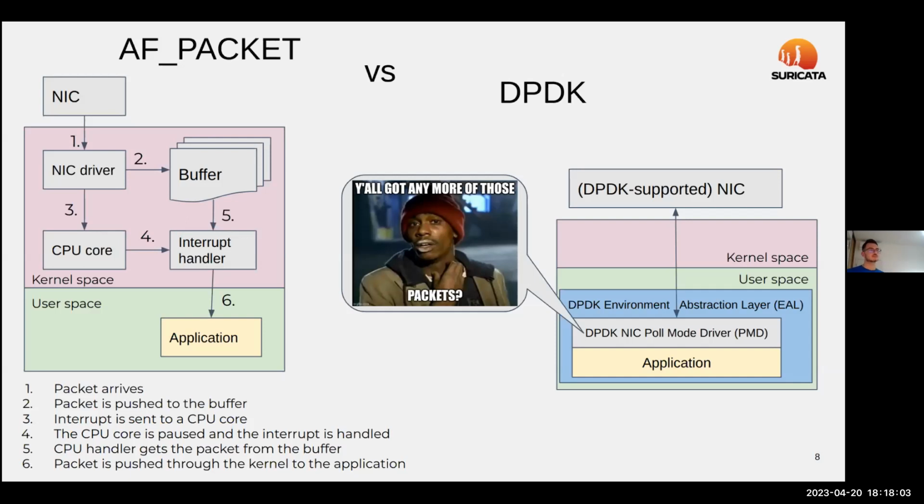But if we had drivers programmed for different hardware, then our application would probably be tied to that hardware, and it would be hardly portable. That's why we have DPDK, a form of abstraction which divides the operation of the application and the driver.